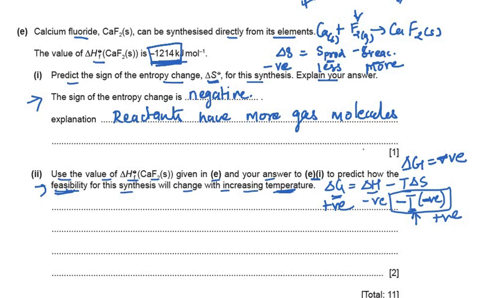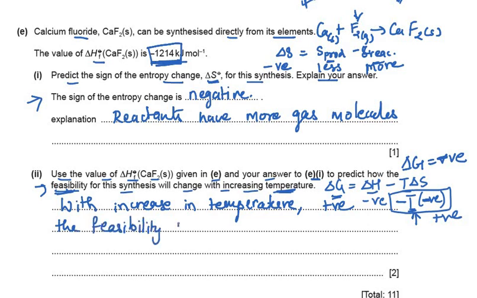So what we summarize here is that with increase in temperature, the feasibility of reaction decreases, or we can say that the reaction becomes less feasible.